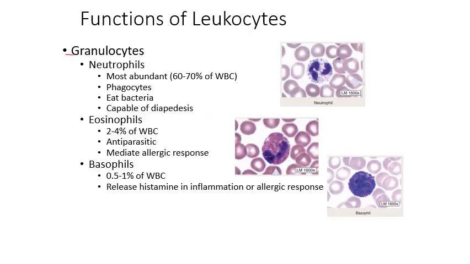All right, so the granulocytes. One of the main players in the immune system are the neutrophils. You can see they are very abundant. Forgot to mention, in the blood these white blood cells only make up about 1% of the actual blood, but the biggest component of that 1% is these neutrophils.